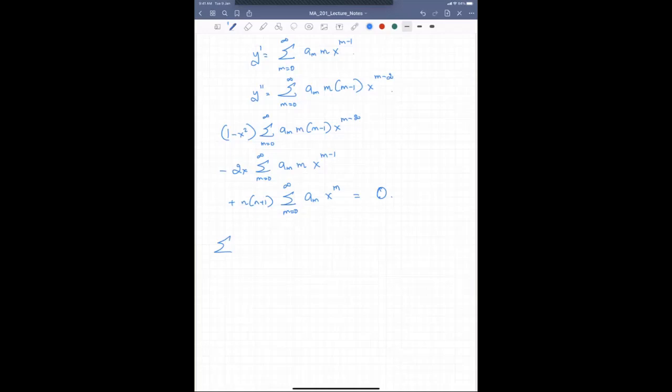But if you look at this first term, notice that for m equals 0 and m equals 1, this series doesn't have any contributions, and this series starts at m equals 2. At m equals 2, the first term is of course a_2 times x to the 0. So just like I did for the simple harmonic oscillator differential equation, I can shift the series by saying m goes to m plus 2.